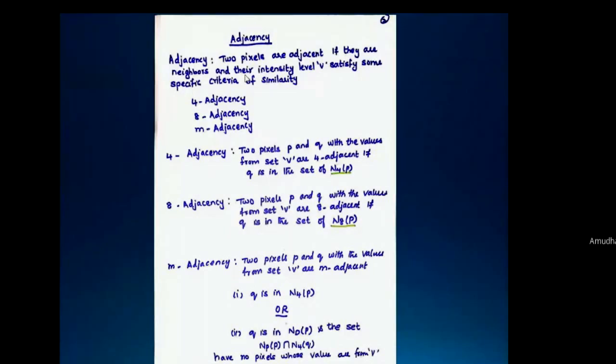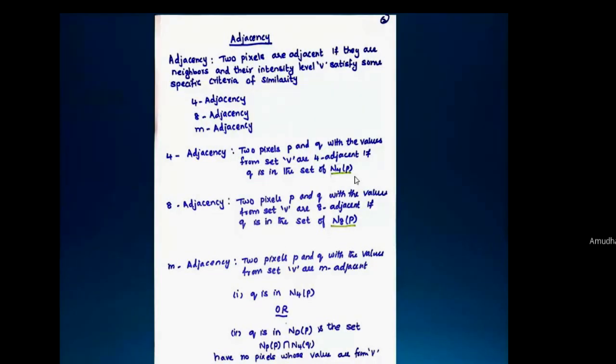The value should be from the set V. Two pixels P and Q with values from the set V are 4 adjacent if Q is in the set N4 of P. So what are the 2 conditions here? Pixels P and Q should have values from set V, and the second condition is Q is in the set N4 of P. This is called 4 adjacency.